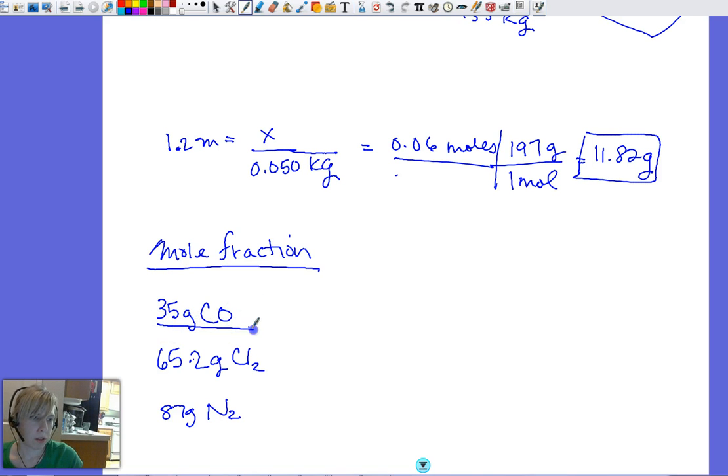So first we need to get moles of each. So 1 mole of carbon monoxide, we have 16 plus 12, it's 28 grams.